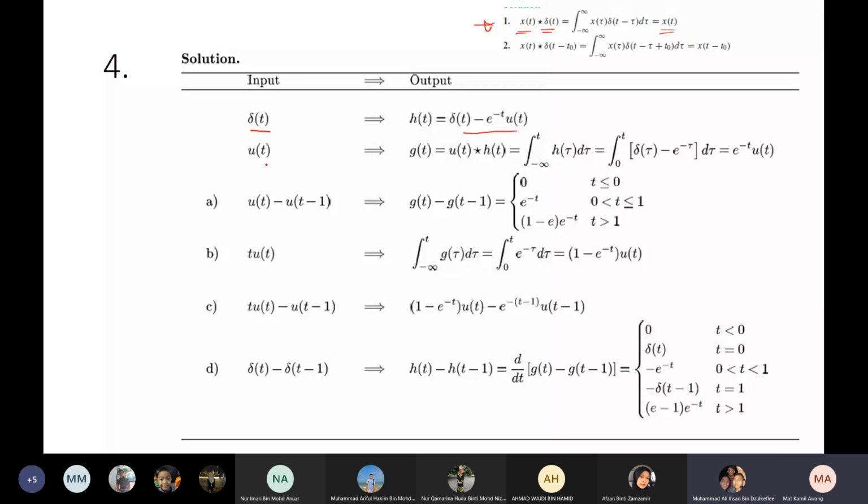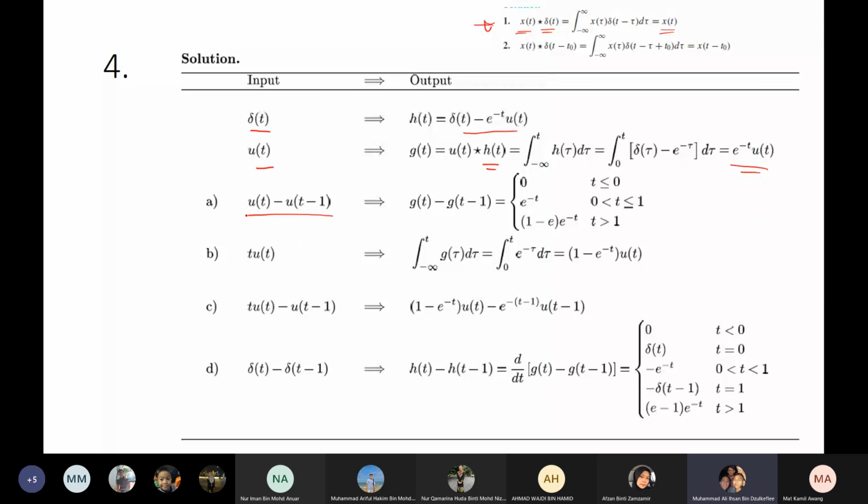And if you convolve u of t, the step function, with h of t, the system, you get e to the minus t u of t.